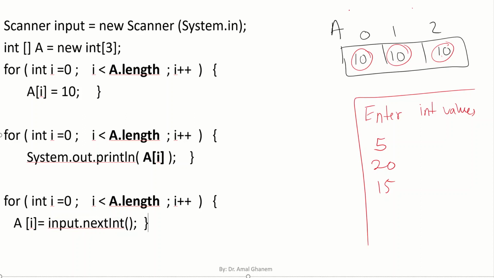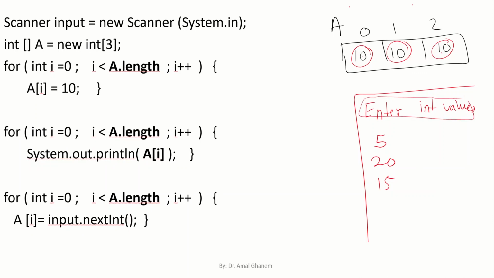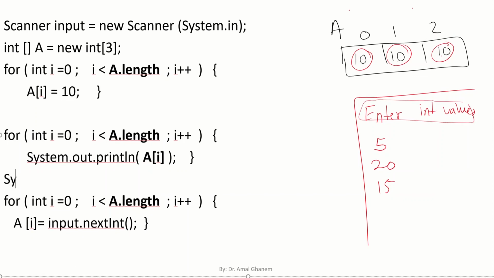So here I'm saying from 0 till length, read an integer and save it at location a of i. And I need just one message before the loop, enter integer values. So I will have here system.out.println, enter integer values.